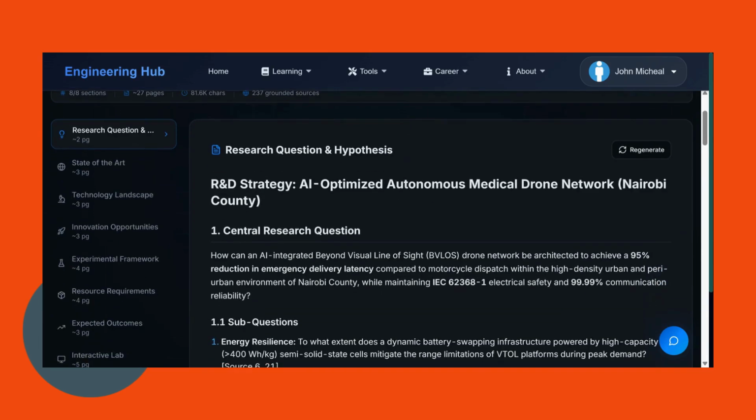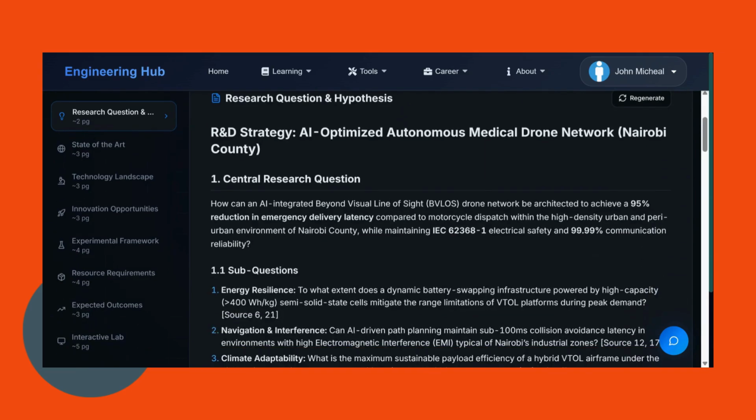Now, yeah, this is the R&D. This is what it has generated: AI optimized autonomous medical drone network, and this is the research question and hypothesis. How can an AI integrated beyond visual line of sight drone network be architected to achieve a 95% reduction in emergency delivery latency compared to motorcycle dispatch within the high density urban and peri-urban environment of Nairobi County while maintaining whatever that is electrical safety and 99.99% communication reliability?